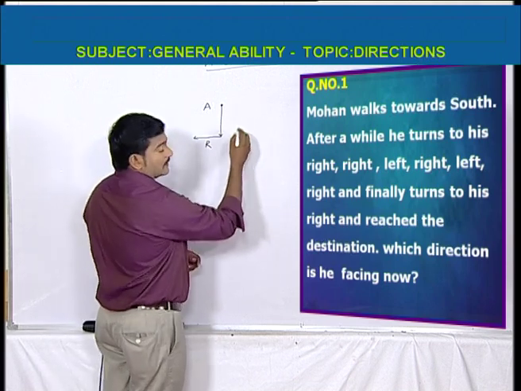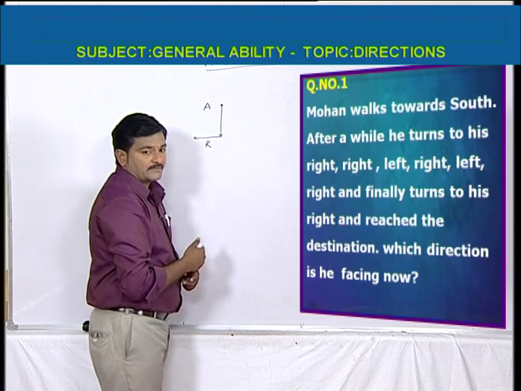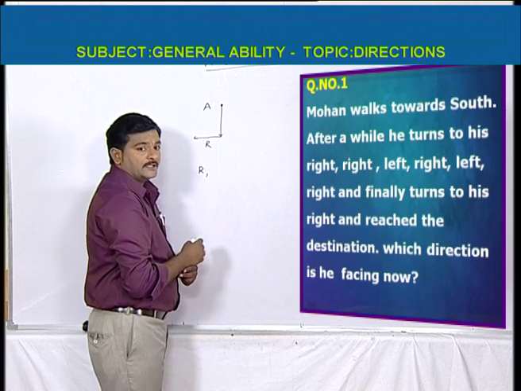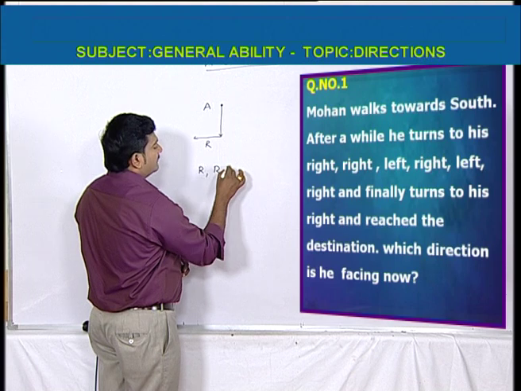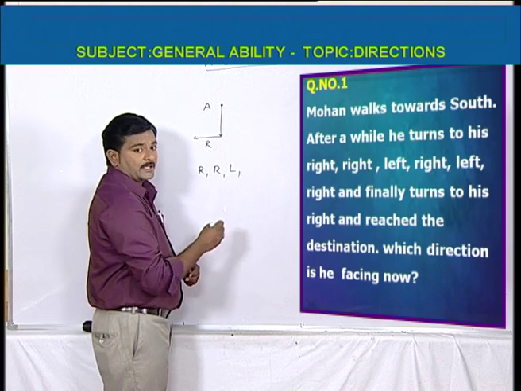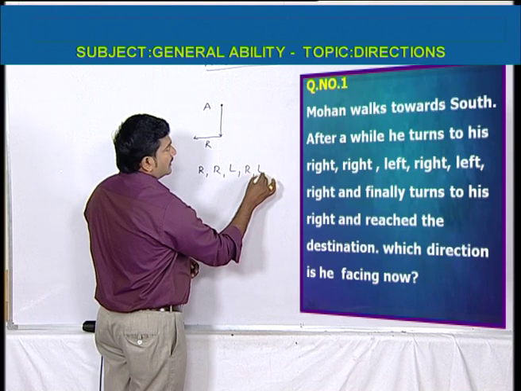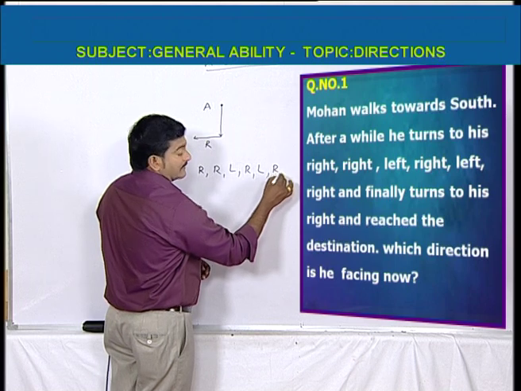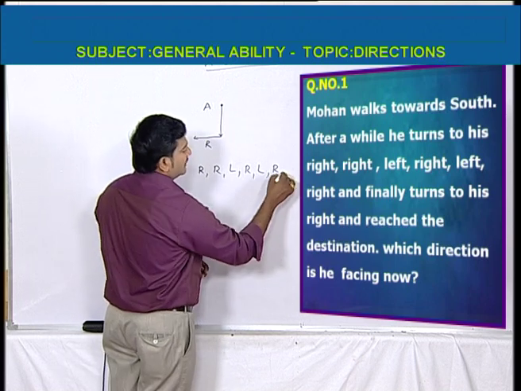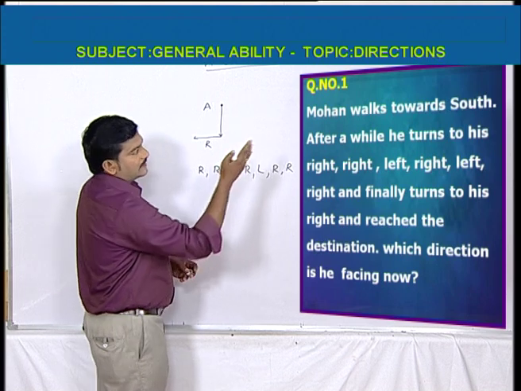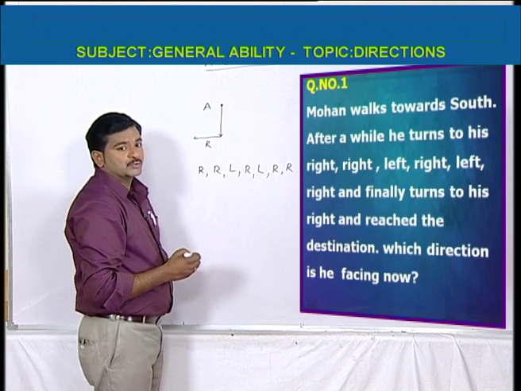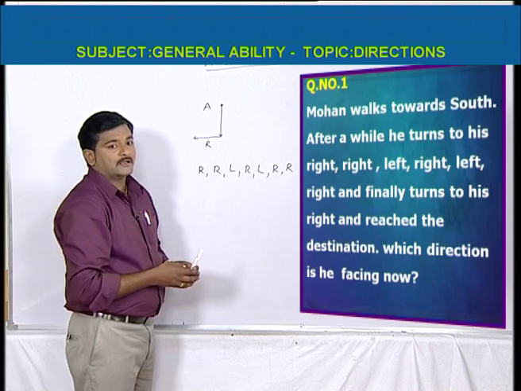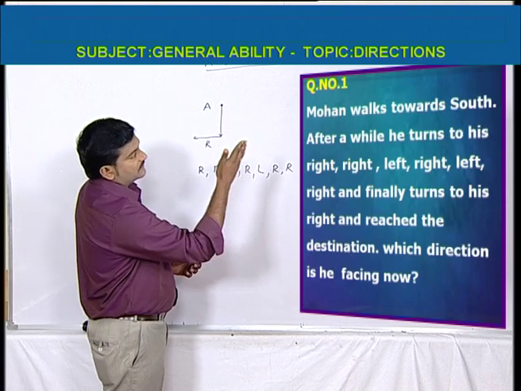If you observe the given question, first he gives right, after that again right, again left, again right, again left, and finally right, and finally turns to his right and reached the destination. In the given question there are 1, 2, 3, 4 and 5 rights, and there are 2 lefts.